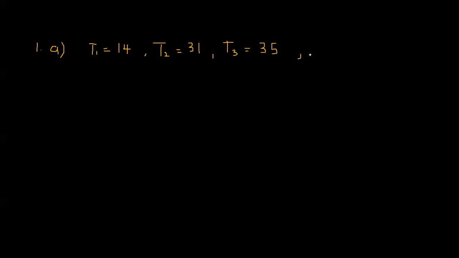How do we get the grand total? To get the grand total, you must add all the treatment values. That means 14 plus 31 plus 35. Then you will get the grand total equal to 80.